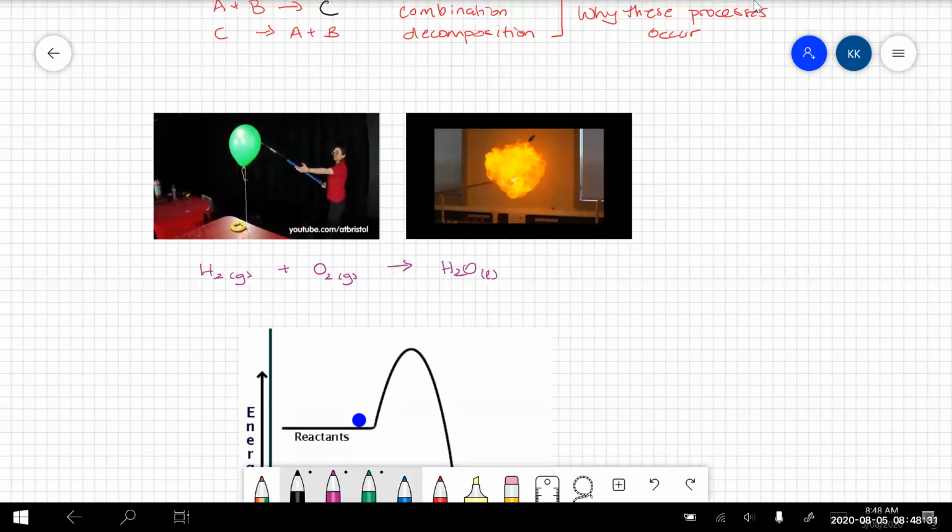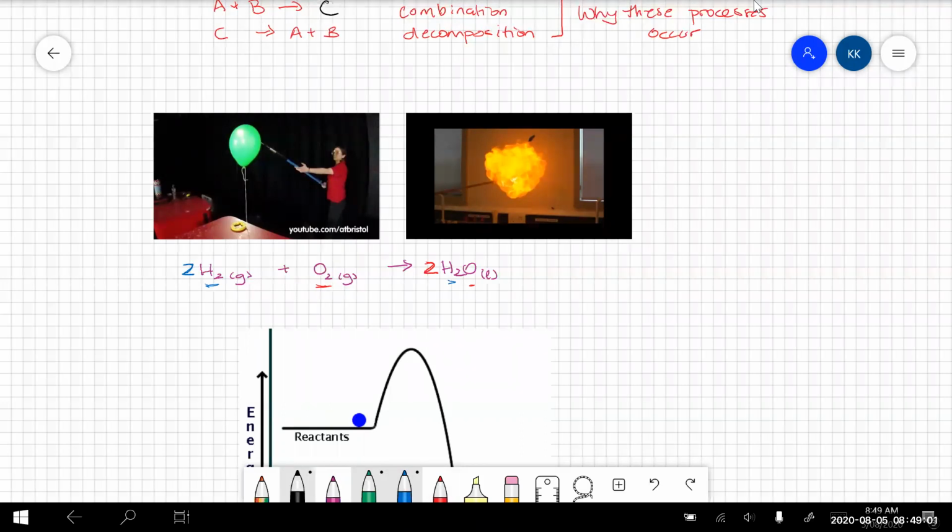And of course you need to balance your equation. So we've got two hydrogens on the left, two hydrogens on the right. That's okay. We've got two oxygens on the left, but only one on the right. So we're going to need to balance that by multiplying the water by 2. But now we've also upset the hydrogens. So we've got 4 hydrogens here and only 2 here. So we're going to need to double that as well.